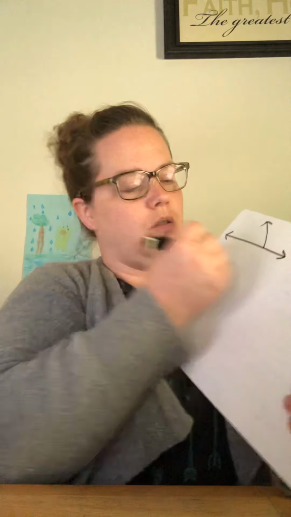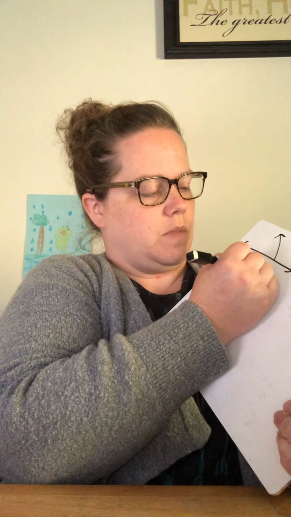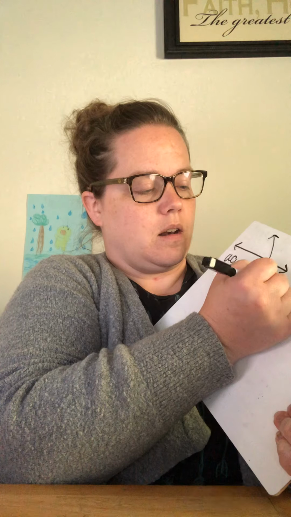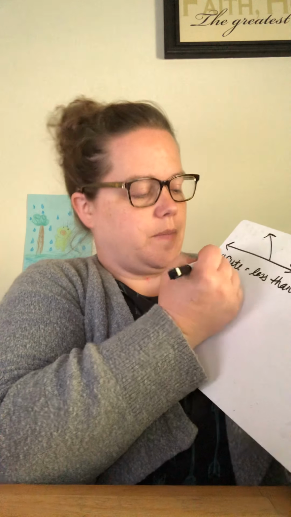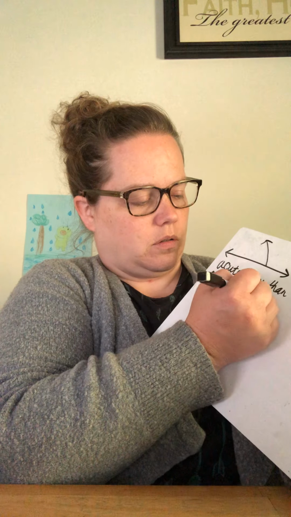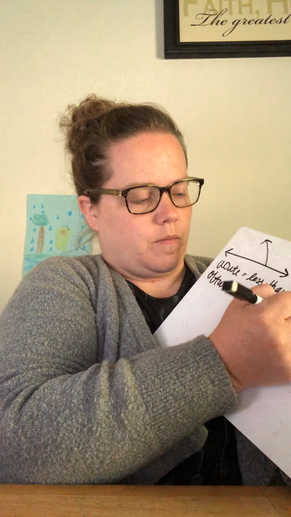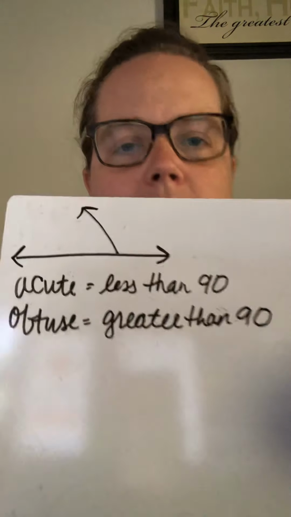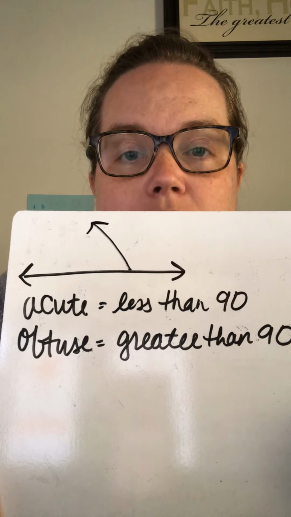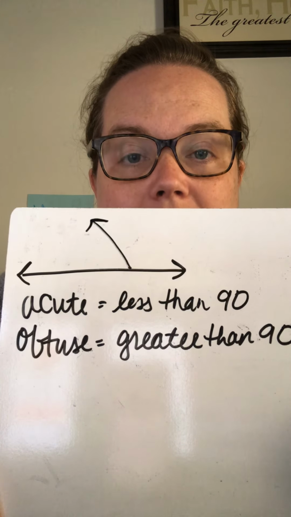So acute angle is less than 90 and an obtuse angle is greater than 90.